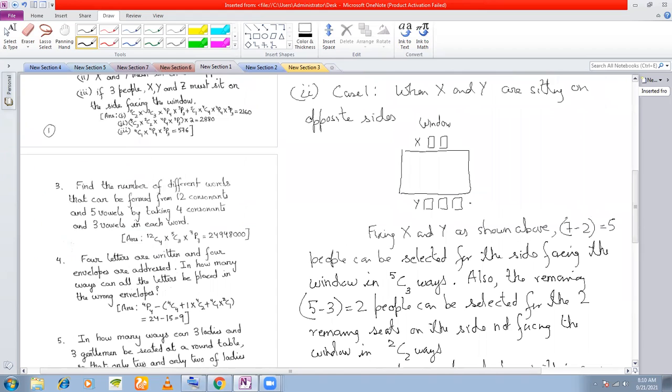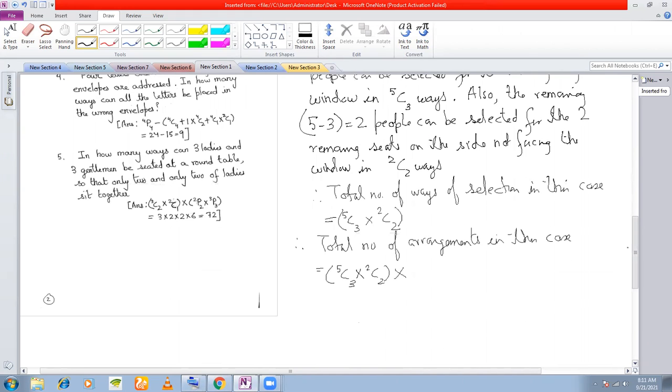These 4 chairs can be arranged among themselves in factorial 4 ways. This also can be arranged among themselves in factorial 3 ways, into factorial 4 into factorial 3. Okay. So let's leave it at this. Consider case 2. We'll calculate it later.